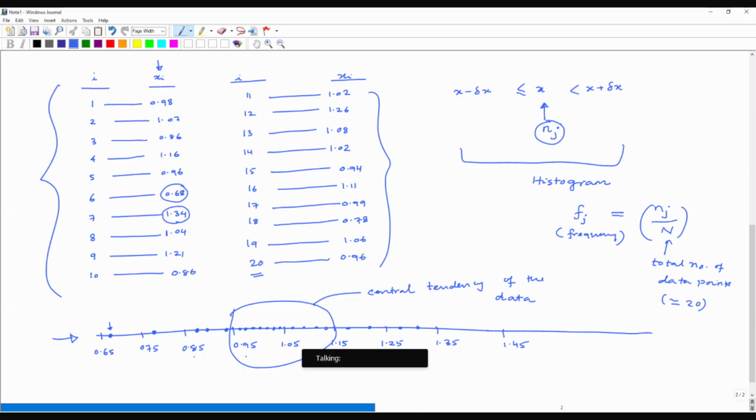For a histogram, there are certain rules that need to be followed. So what are the rules? When you divide the entire data into different ranges, for at least one interval, your Nj should be greater than or equal to 5.